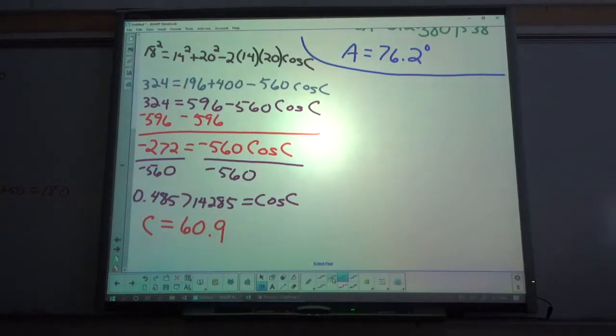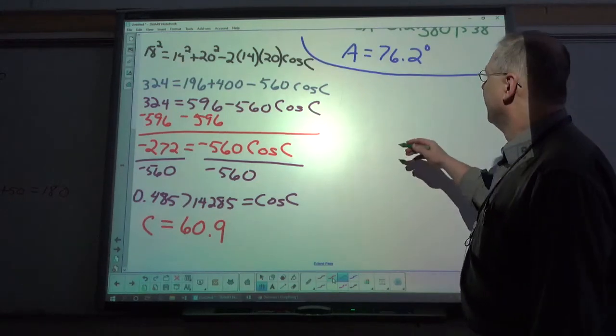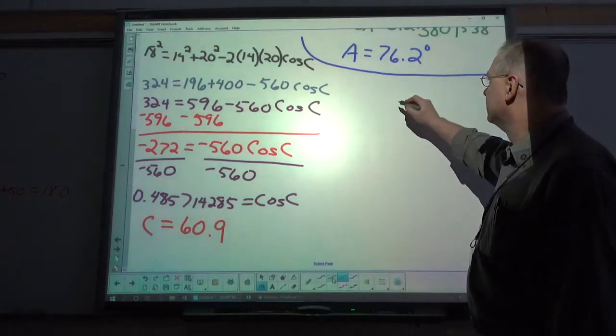If you ever end up with an angle that is across from a side, and that angle does not end up being the biggest angle, but that side is the biggest side, you know you've made a mistake. I have two angles in my triangle.